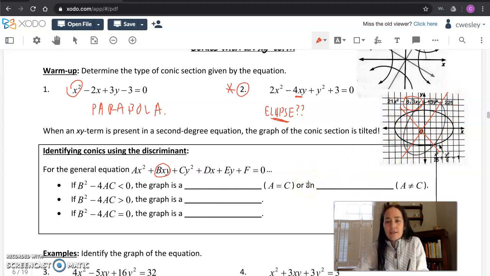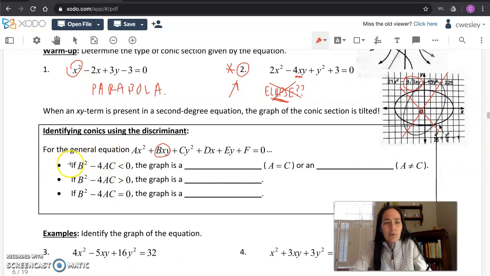Now, we don't need to get into the nitty-gritty about graphing each of these. That's a little further than we need to go. I just want to give you a quick way to still be able to classify and to get an answer for a question like number 2, and I'll actually just spoil it for you. It's actually not an ellipse. It's not what you think it's going to be, and it's using something that you learned back in algebra, the discriminant of an equation or a function.